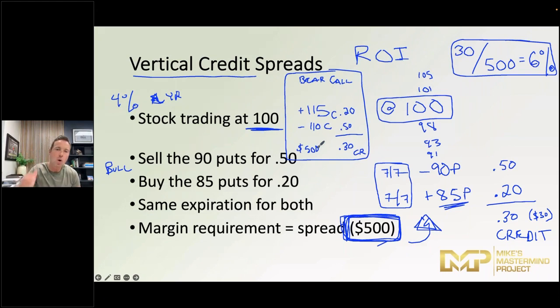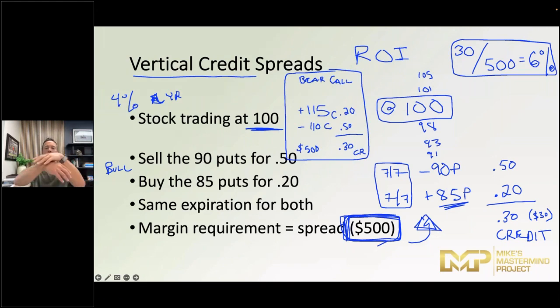Because how would this trade lose money? If we were above 110. How does the put side lose money? If we're below 90. So if we're trading the same expiration across all of these, on the bear call credit spread and the bull put credit spread, there's no possible way the stock could finish below 90 and above 110 at the same time.